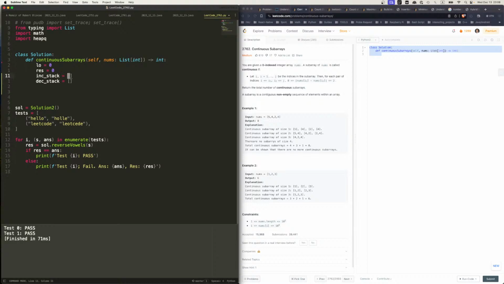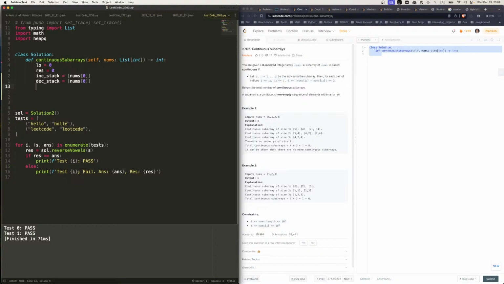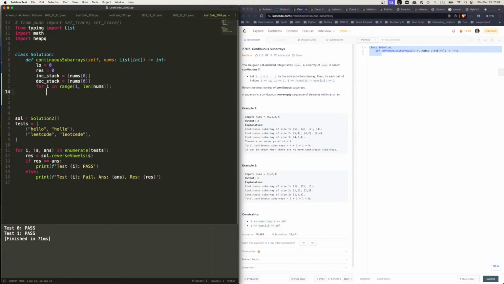We can put the first value in it because it's okay. It's gonna be num 0, right? We do num 0 in it, and there will always be something in the stack, okay? So for I in range 1 to len nums, okay? So now we're gonna go through each one by one, right? And then for each one, we're gonna check if it works, if it doesn't work.